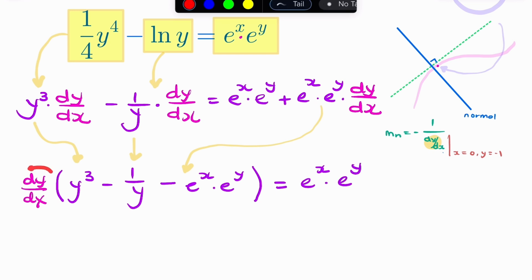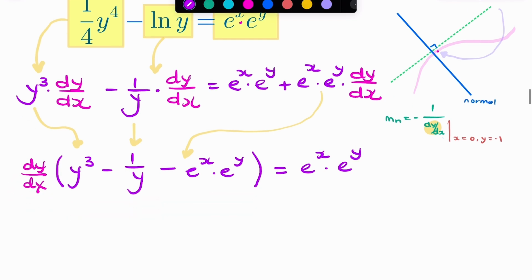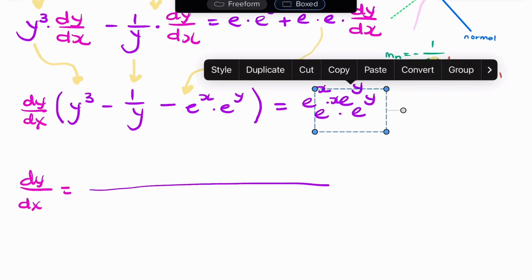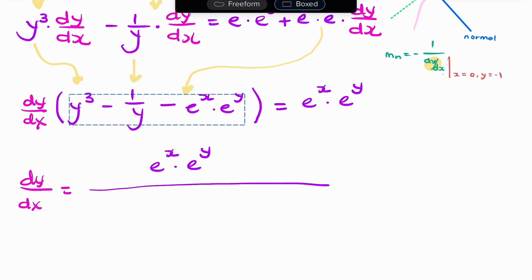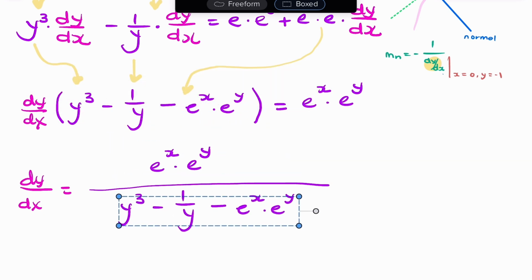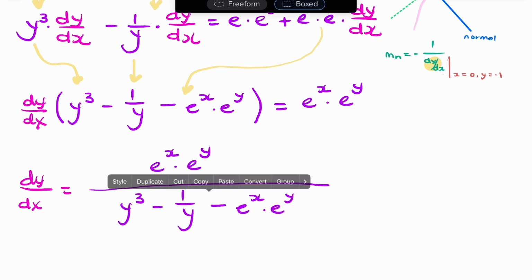Now, because I'm looking for dy by dx, I can divide both sides by that bracket, and I end up with dy over dx equals, and we have that in our numerator and this term in the denominator. Okay, so that is my expression for dy by dx.